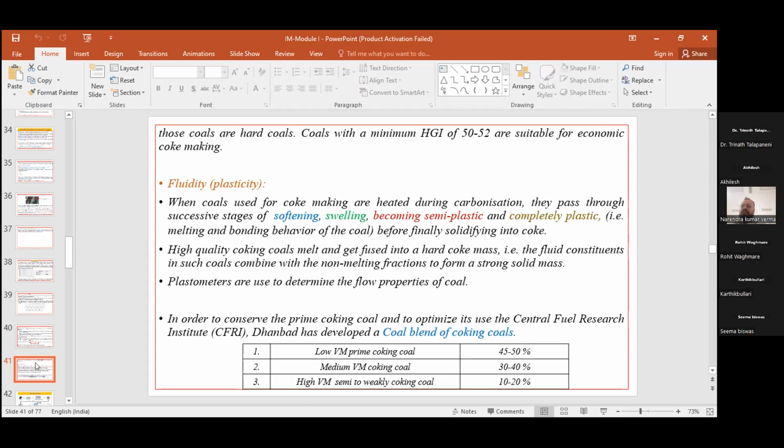So as I already discussed in the previous classes, we have a very limited quantity of prime coking coals in India, roughly less than 3%.